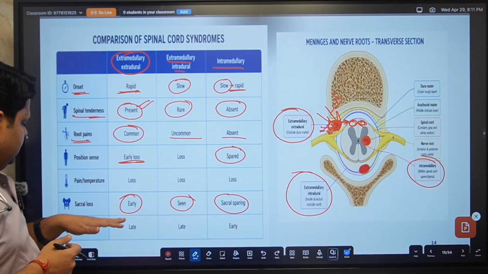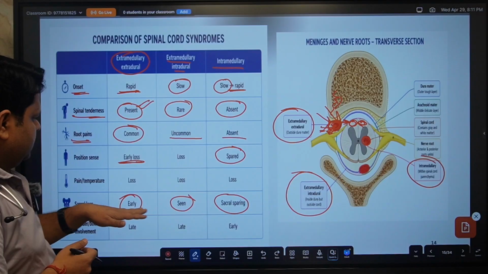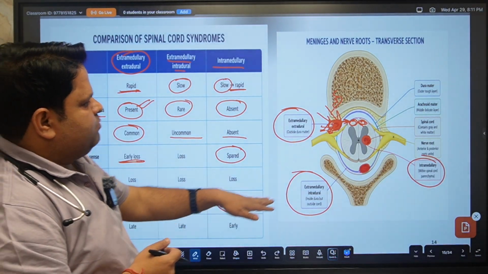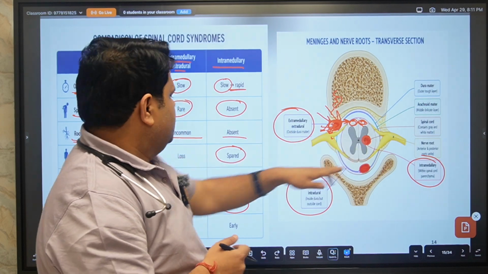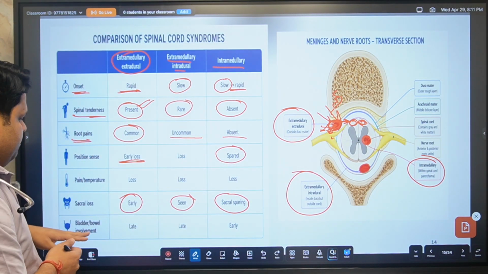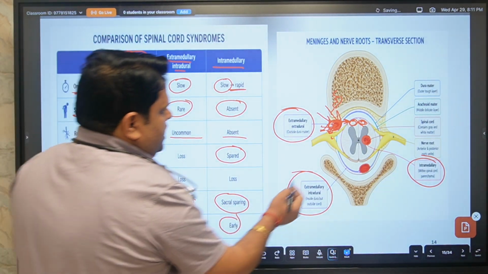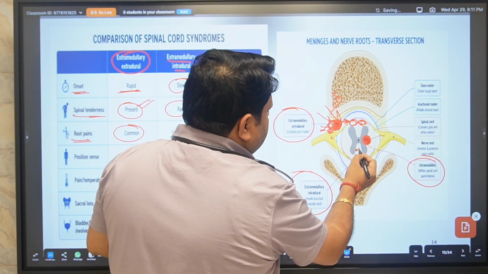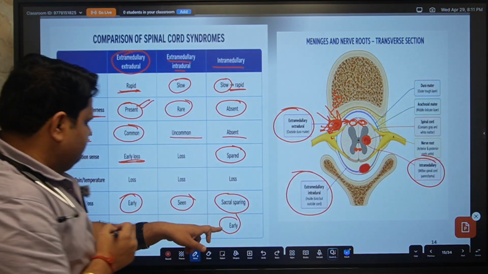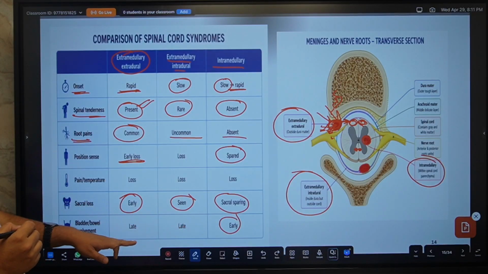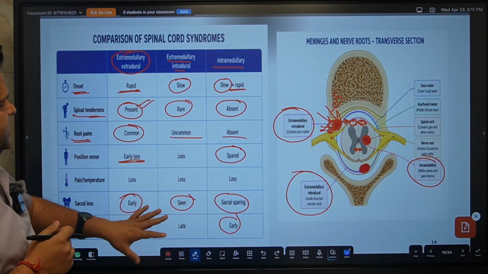So sacral sparing is seen in the intramedullary type of lesion because sacral fibers are the more outside fibers. Bladder and bowel involvement is seen early in the intramedullary lesion because bladder and bowel fibers are around the central cord, while in the others bladder and bowel involvement is late.